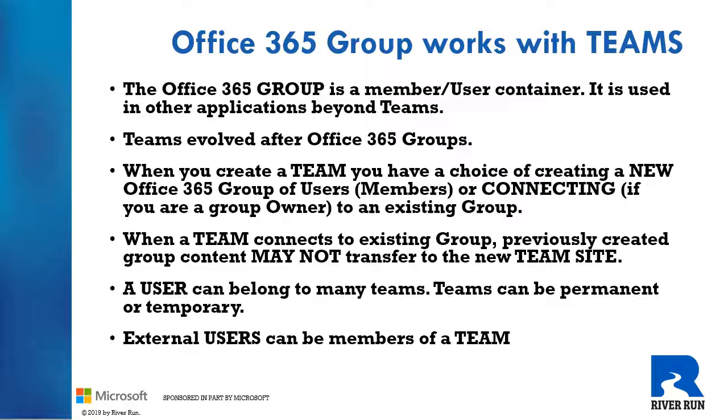A lot of teams, though, are held in a much more controlled fashion, and are private teams where the owners can be the only ones who can allow new members to join. And as we said before, external users can be members of the team.